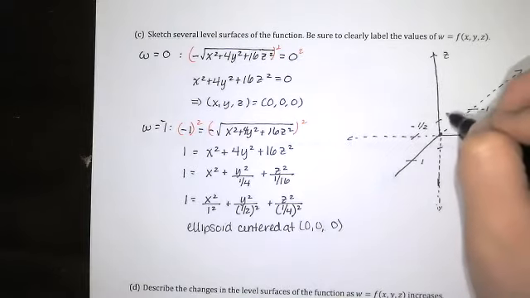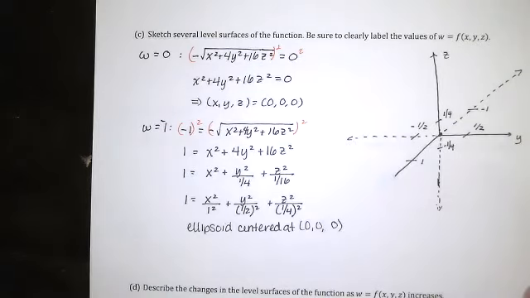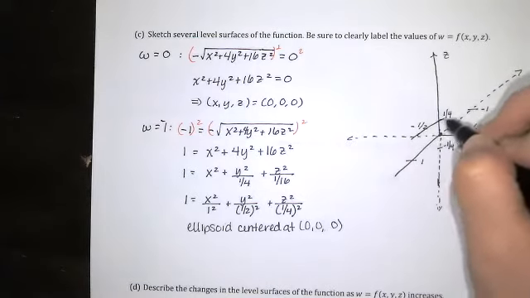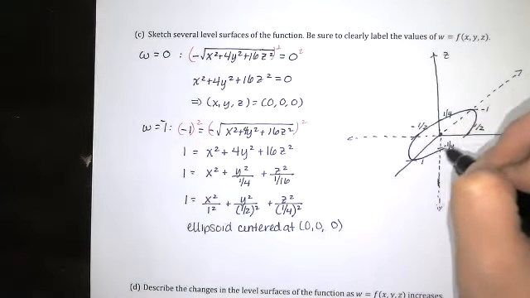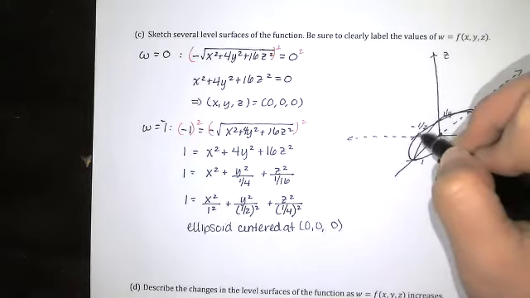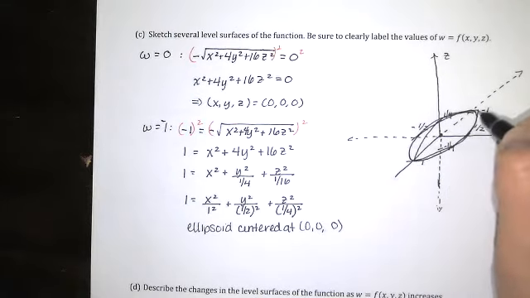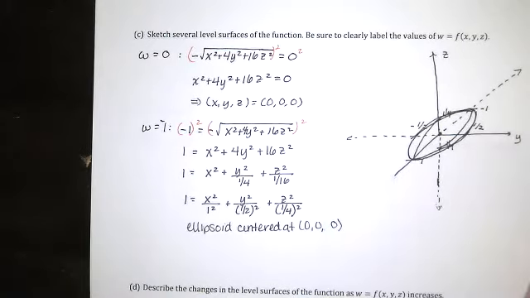Okay. So I've got an ellipsoid that looks like this in the XY plane. It goes up to this. Oops, it's a little bit hard to see, sorry. Okay, it's not great.